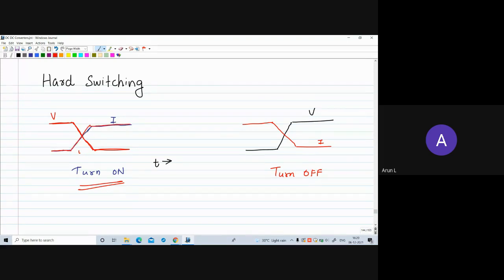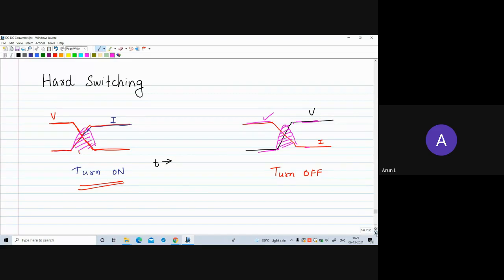So there is an overlapping portion, and during that portion you have power loss. Similarly, during turn off, the current falls from a large value to a small value, and voltage increases from the on-state voltage drop to the blocking voltage. In between, there is an overlapping period and power loss.